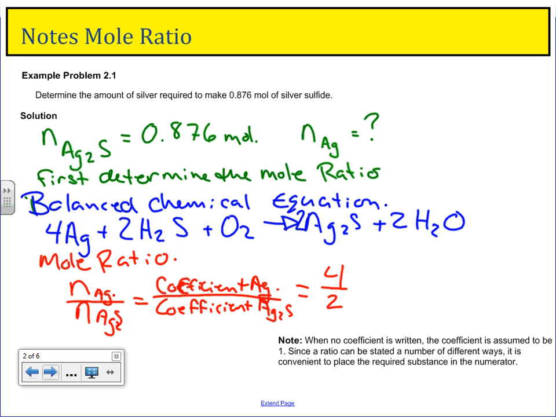Now we need to calculate the number of moles of silver required. We're going to say that this is equal to the number of moles of silver over the number of moles of silver sulfide, which we know is 0.876 moles. We're going to isolate this variable, which means I need to times by this to cancel it out.